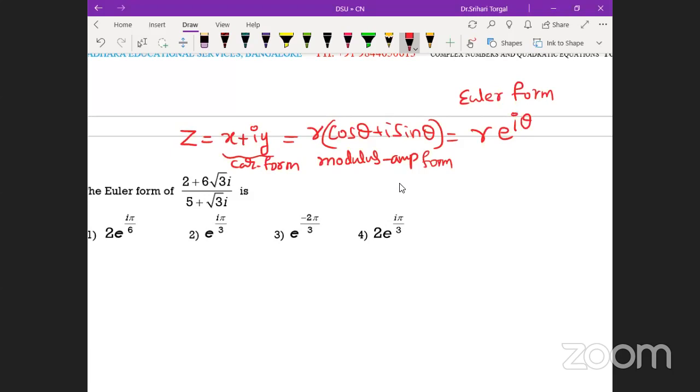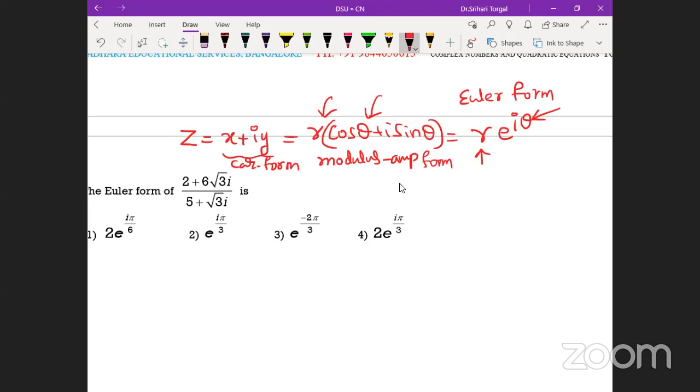It is very simple. If you know the modulus, you just write the modulus here, and if you know the amplitude, just raise that amplitude as the power of e as i theta. This is called Euler form. It is very easy if you convert that problem into modulus amplitude form.